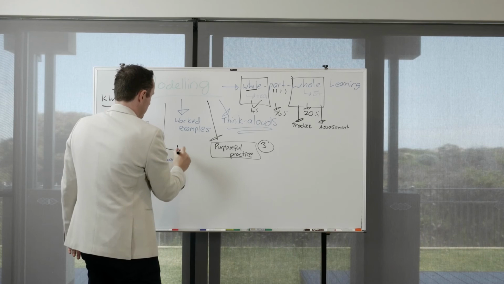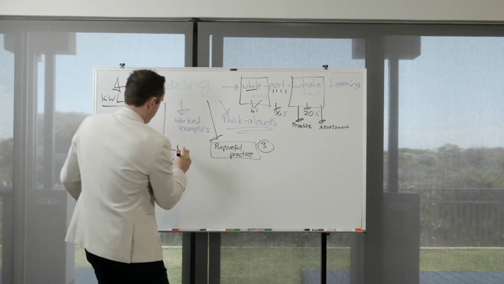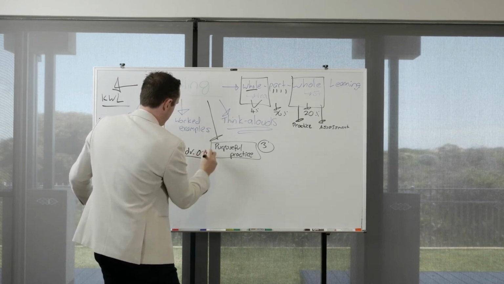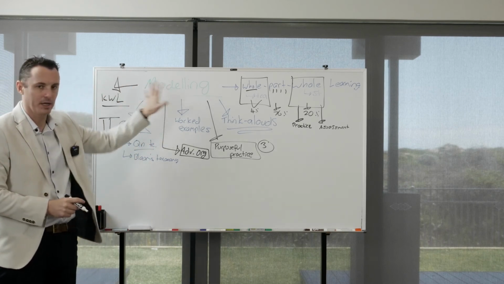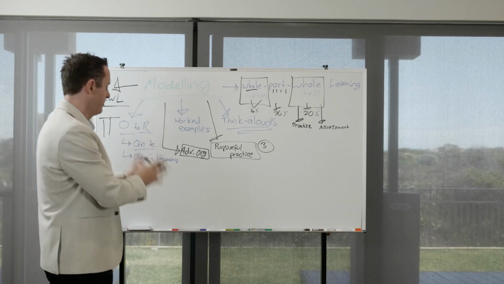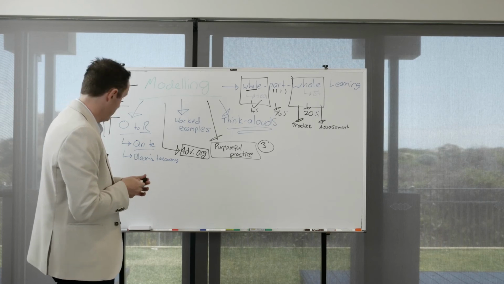Another one that's really good is what we call an advanced organiser. And normally when students are starting the modelling process at the start of, say, a lesson, the teacher will give them some type of advanced organiser. And there are various different types of those.